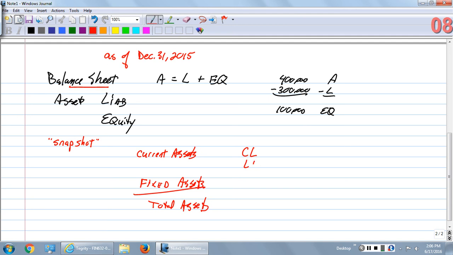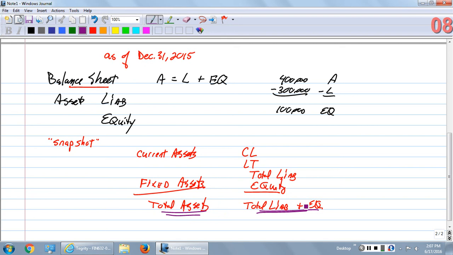Then we're going to have our longer term debt. So that's going to give us our total debt or our total liabilities. We're going to then have our equity in addition. And so on the right hand side, we've got total liabilities plus equity. And they equal, don't they? Your assets, whatever's on this side, will equal the total of your liabilities and equity.